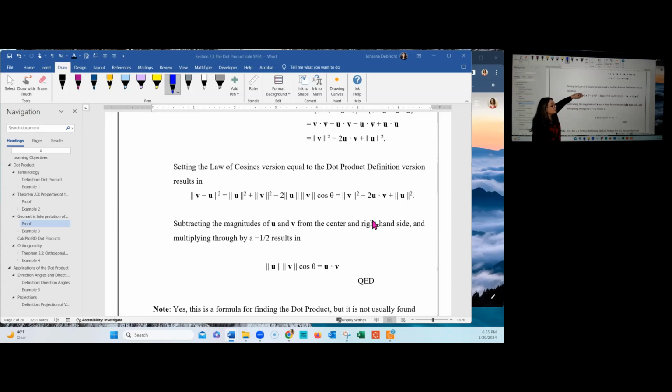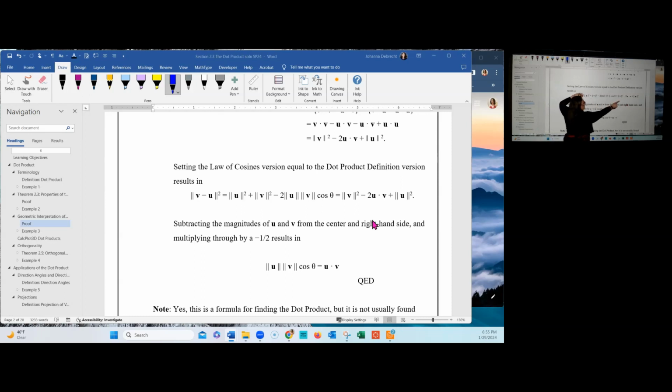So in this case, we want to solve for u dot v. So we're going to isolate the u dot v term, and we can subtract the magnitude of v squared, which will cancel that one, and subtract the magnitude of u squared, which will cancel that one.